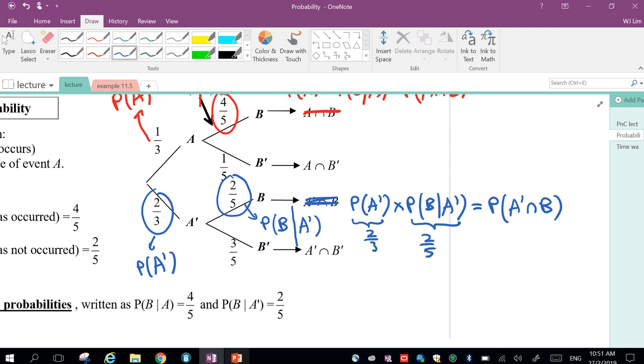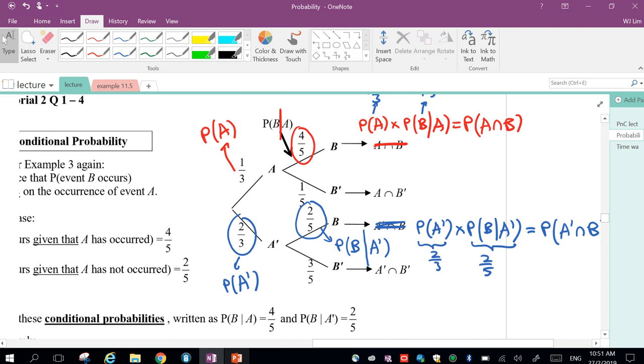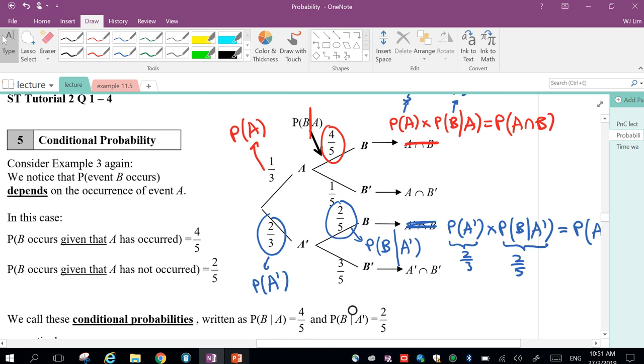You never learned this in secondary school, but the second branch is your conditional probability, given that the previous event has occurred. You realize that event B depends on whether A has happened or not.